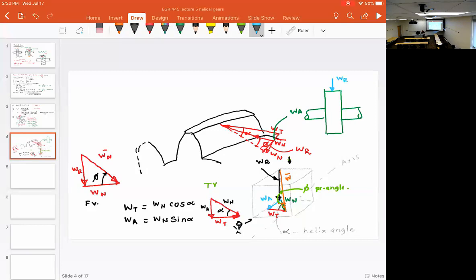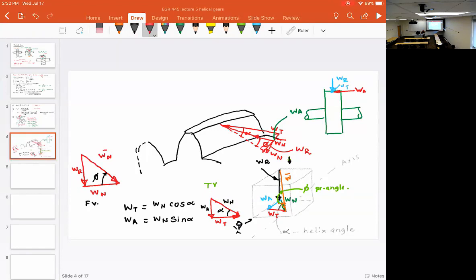You'll have Wr. Wt is coming towards you, so I'm going to show it like this. And Wa is going to be something like this.